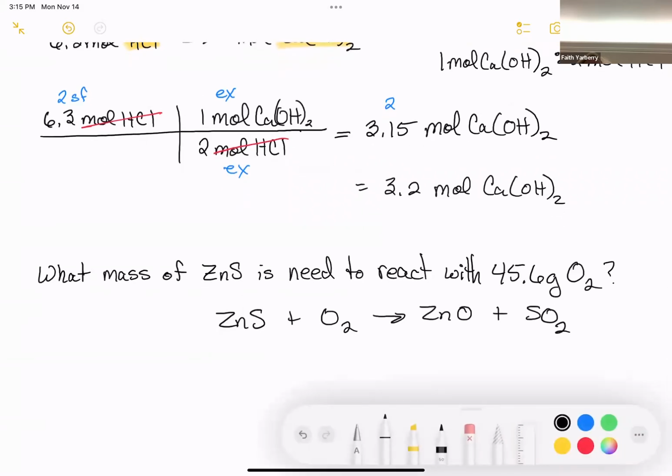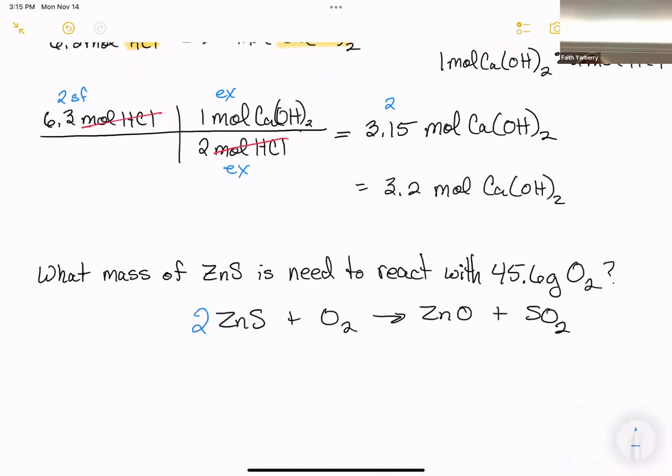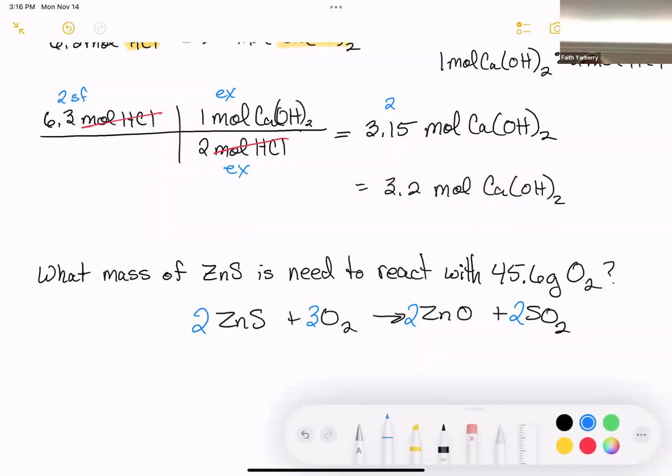To balance this equation, you're going to need 2 zinc sulfides, 3 oxygens to make 2 zinc oxides and 2 sulfur dioxides. Only once you balance this equation can you try to answer the question.